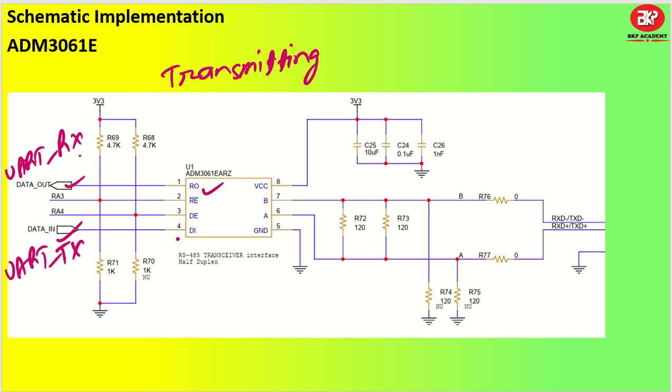Permanently both of them have been pulled high. Receiver enable pulled high means it is disabled, and driver enable pulled high means it is enabled. So it is acting in transmitting mode.